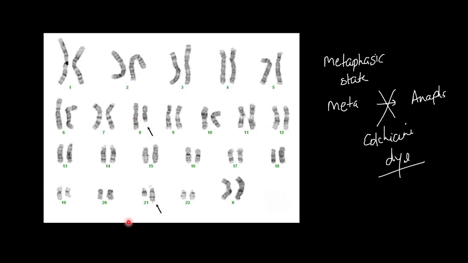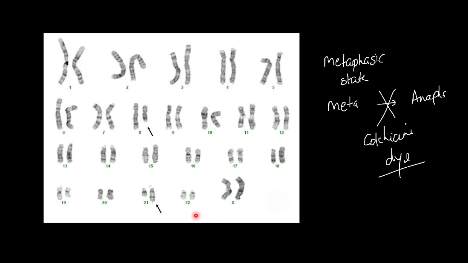The software will find the chromosomes on the basis of their pattern, length and centromere position, and it will arrange all the homologous chromosomes very near to each other. For example, this is chromosome number 1. These are the homologous chromosomes. One is coming from the mother, one is coming from the father.